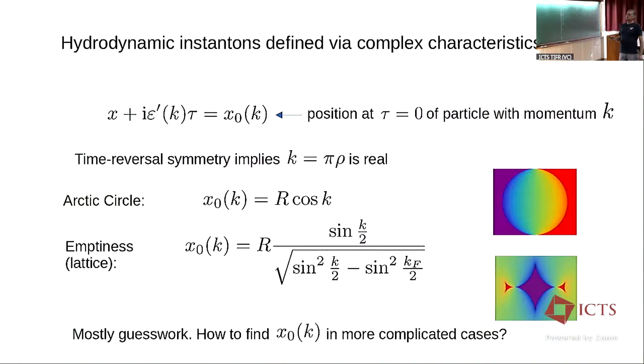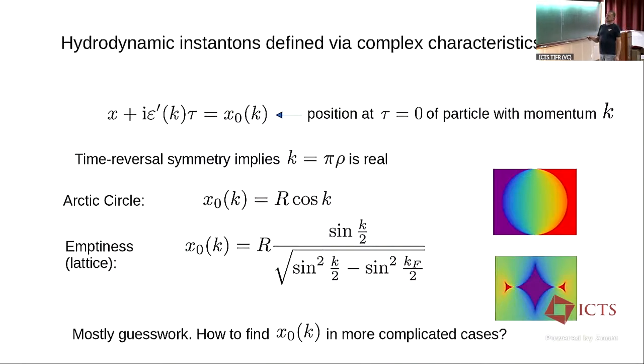The time reversal symmetry present in this problem means that at tau equals 0, the momentum k is real, represents the density. So this function is nothing but the inverse density profile. If I invert this function, I will get rho as a function of x at tau equals 0.